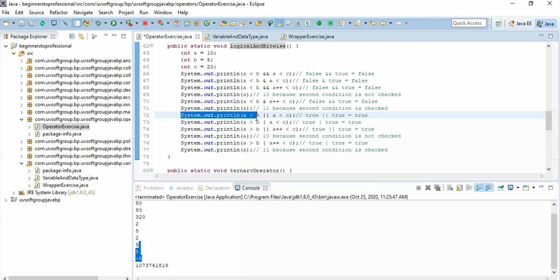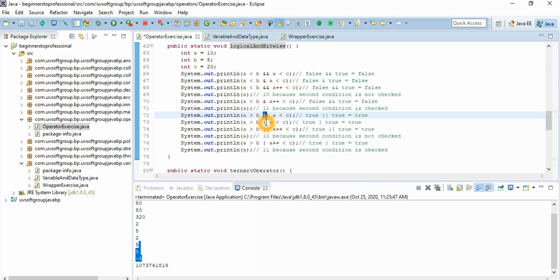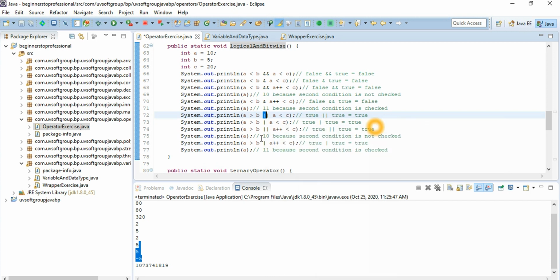You see the effect, this one. So A greater than B, or A less than C, the result is true or true, and the output is true. And you see A greater than B with the bitwise OR and A less than C, and the result is true, and true or true output is true, and so on.